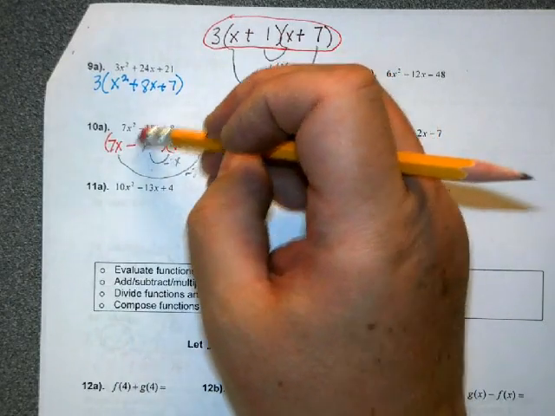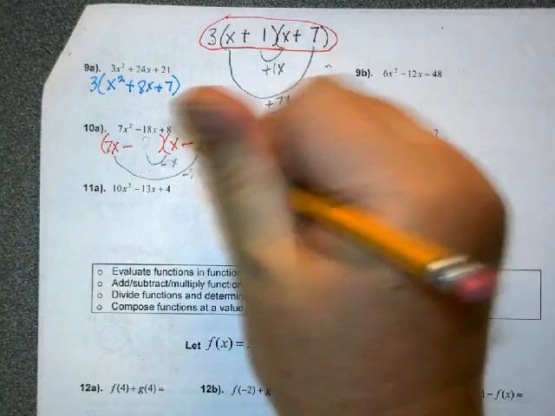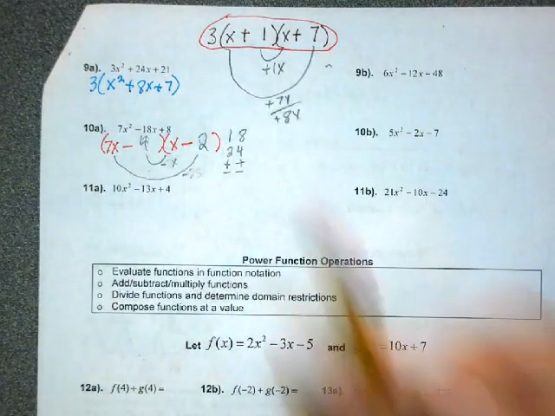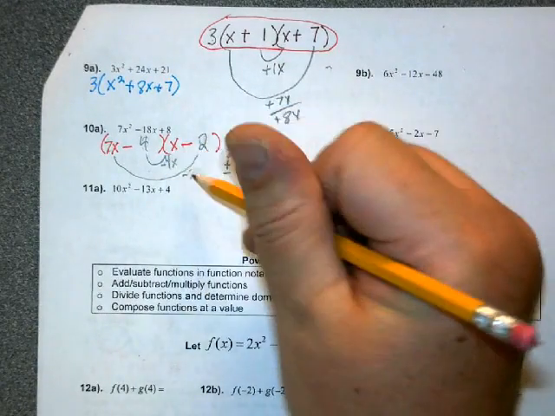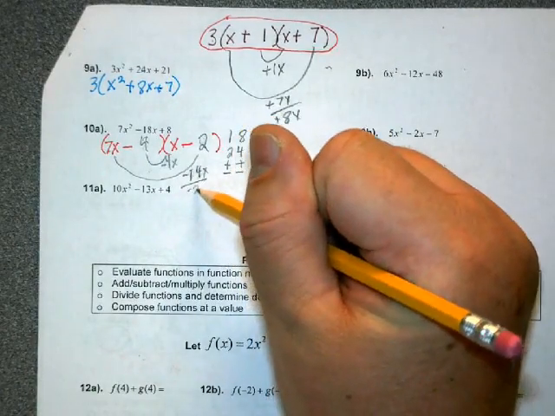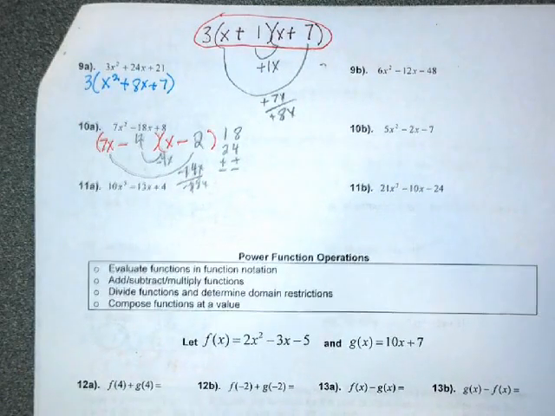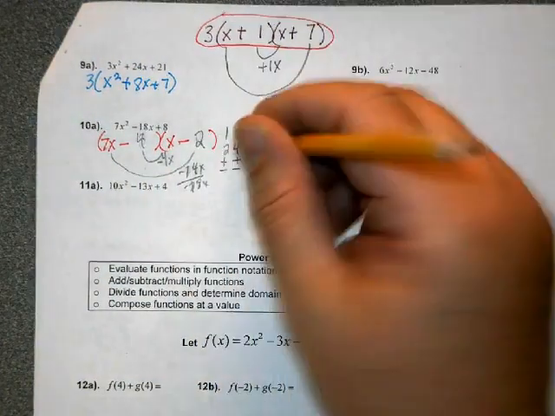So negative 4x, and then negative 14x. Negative 18x. There we go. So it's 4 and 2.